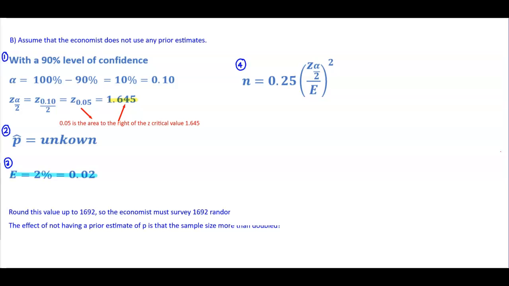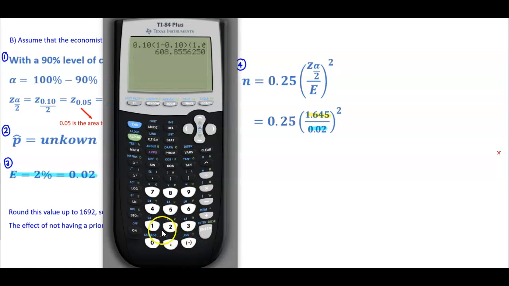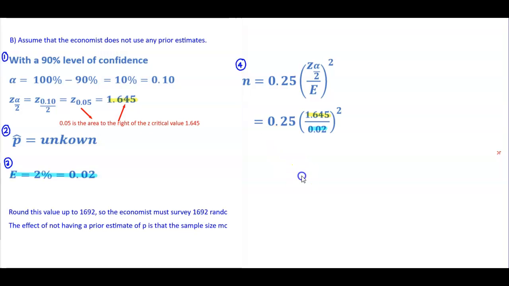Now we're going to plug it into our formula: 0.25 multiplied by 1.645, the critical z value, divided by the margin of error squared. Let's plug that into our calculator. We have 0.25, multiply that by 1.645, divided by the margin of error 0.02, and then we square that, and that gives us 1691.2.